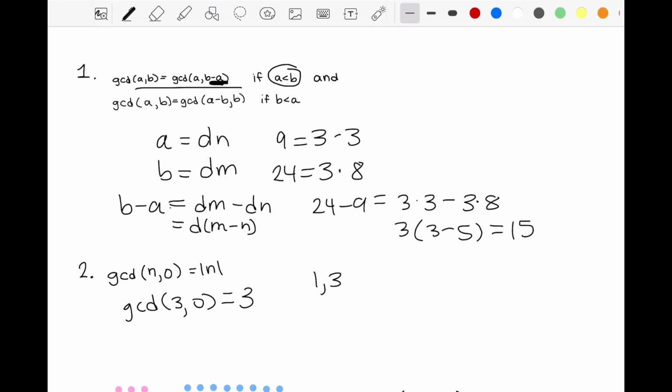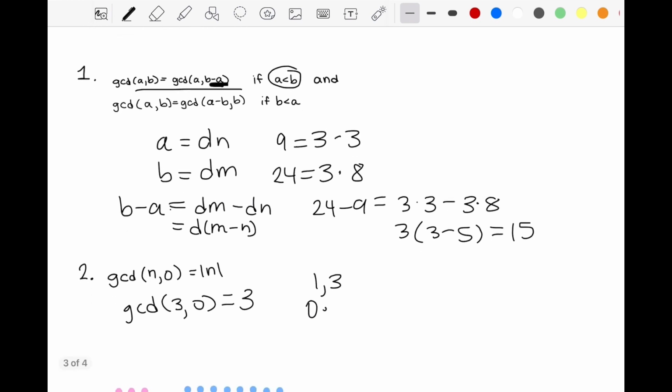And if you write the factors for 0, 0 times anything will equal 0 still. So there's a ridiculous amount of factors for 0, and your greatest common factor is 3. So this is why that holds true.